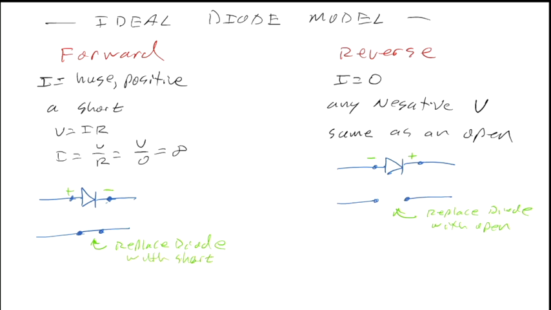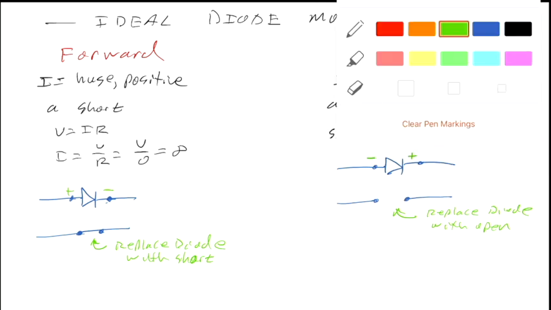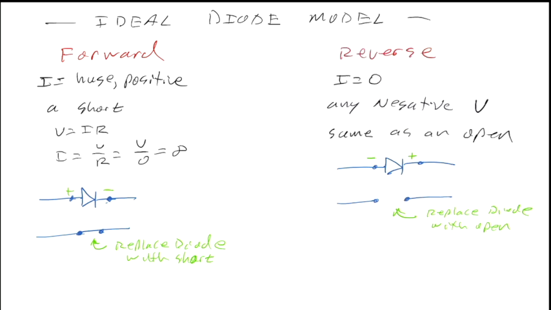So replace it with a short. So a better way to really say what's happening is that forward bias, that any positive current is allowed.